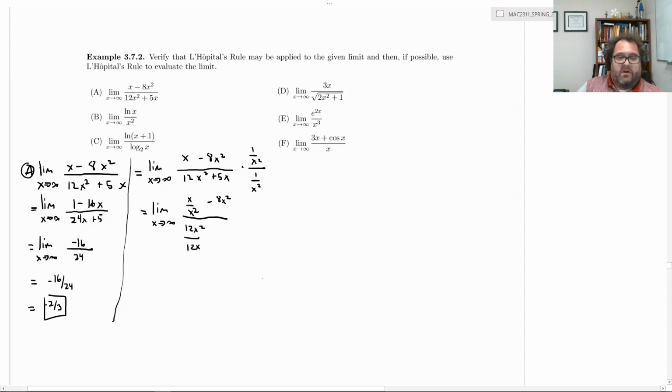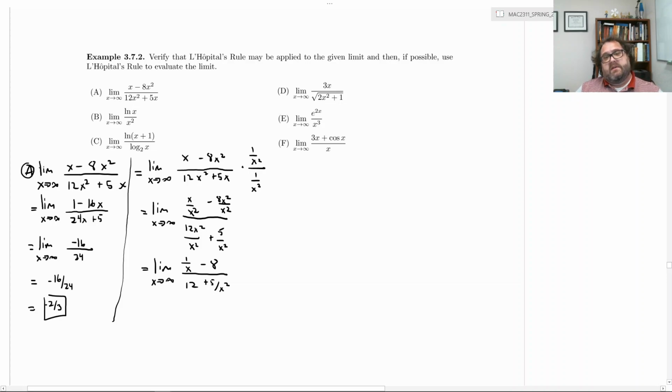It's 8x squared over x squared and 12x squared over x squared. Sorry about that. Over x squared, and then 5 over x squared. Which then, if we simplify each of those individual quotients, that gives us 1 over x minus 8, over 12 plus 5 over x squared.